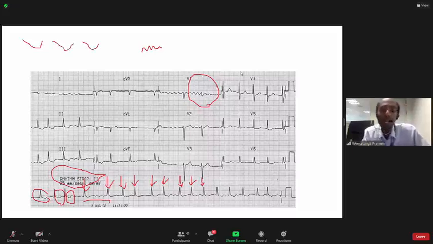This is called reverse tick, T-I-C-K, reverse tick pattern of the QRS complex. This occurs when the patient is on digoxin. This pattern occurs when the patient is on digoxin. Those are two additional things that you need to notice in this.